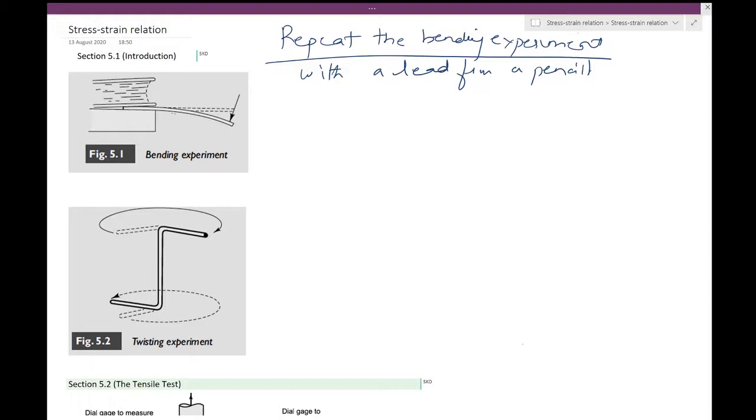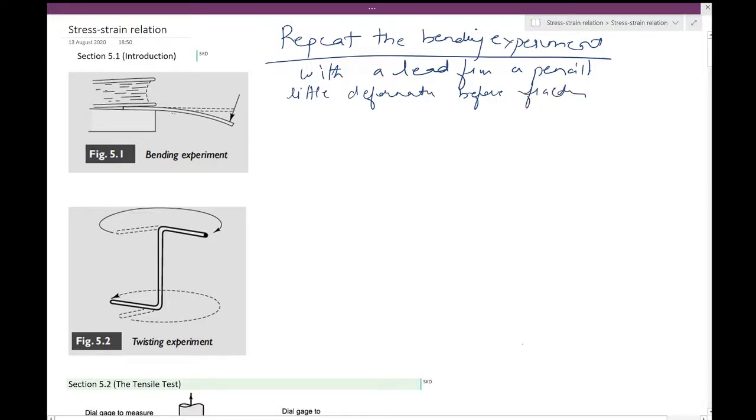So just about anything. A matchstick might be easier to find, and please do this experiment with a matchstick, and then you will see that it will have little deformation before fracture.